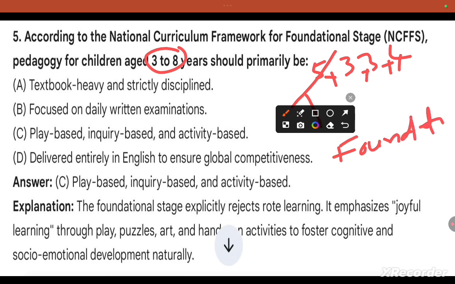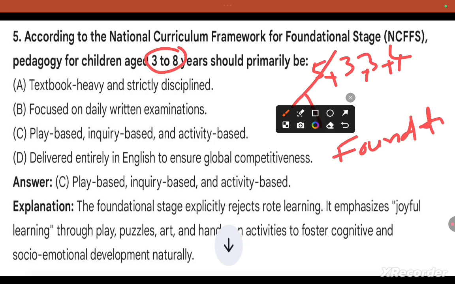That clear? This foundational stage, according to the National Curriculum Framework, what is the foundational stage? It is focused on the foundation stage of 3 to 8 years.